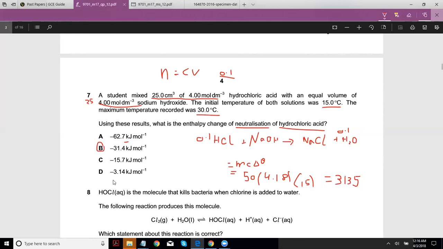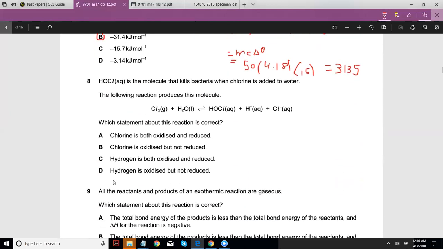7B. HOCl is the molecule that kills bacteria when chlorine is added to water. Interesting, next time I go swimming. The following reaction produces this molecule. Which statement about this reaction is correct? So, oxidation and reduction.